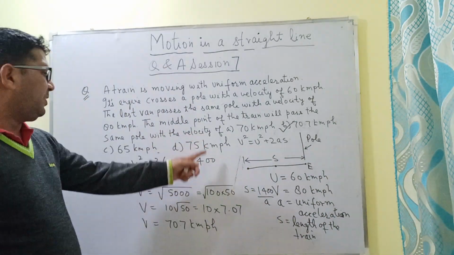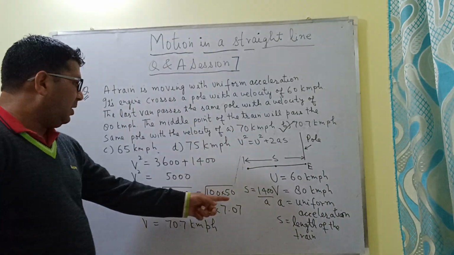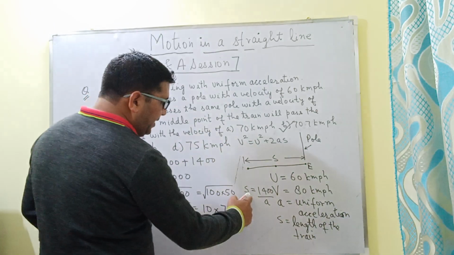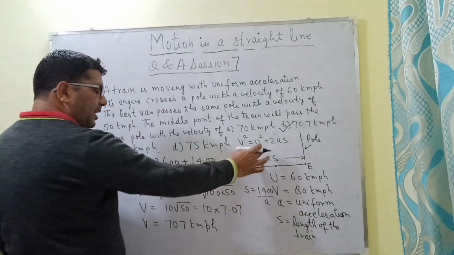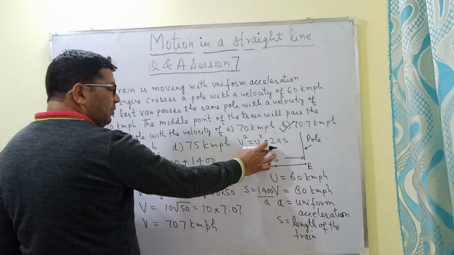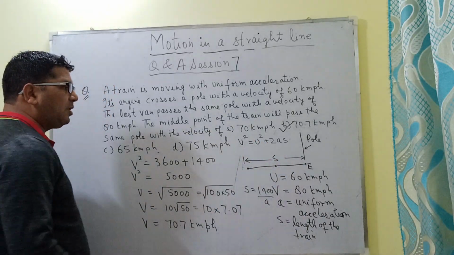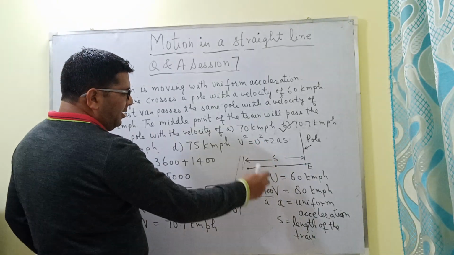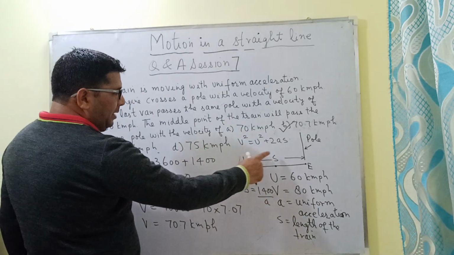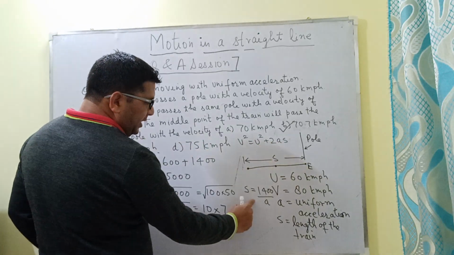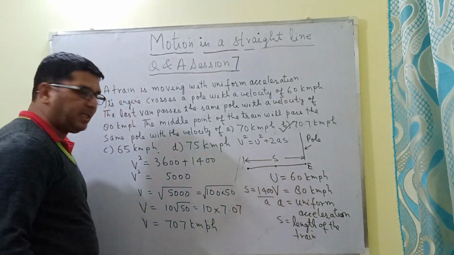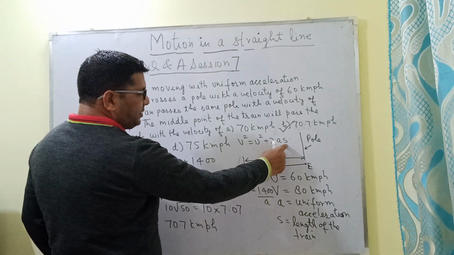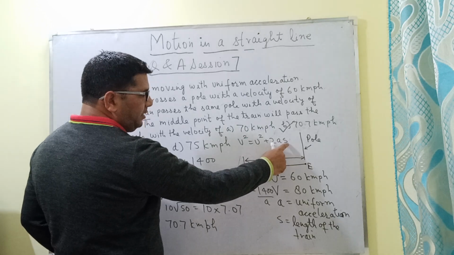Now the middle point of the train will be equal to S by 2. So again, by using this equation of motion, that is V square is equal to U square plus 2AS, the middle point of the train is S by 2, which is equal to 700 by A. So I just substituted that value in this equation.